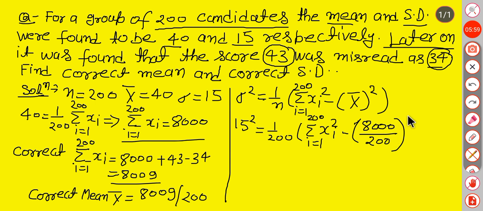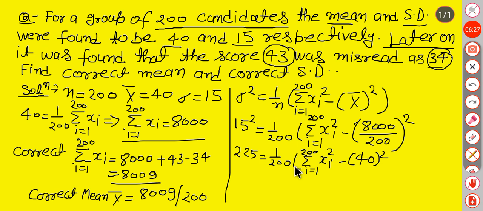So 225 is equal to 1 upon 200 summation xi whole square minus 40 whole square.